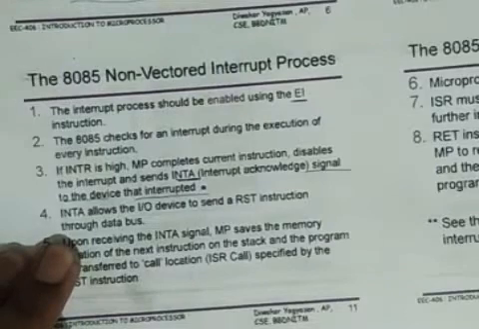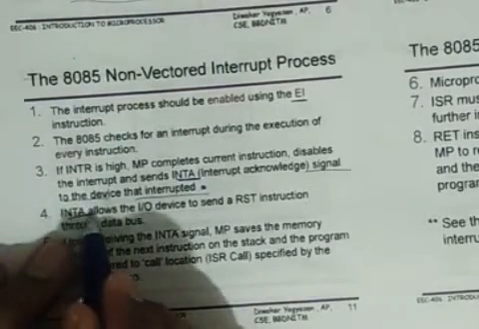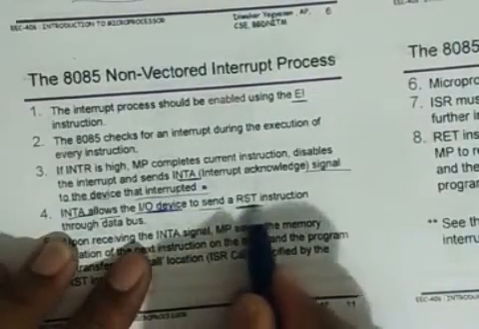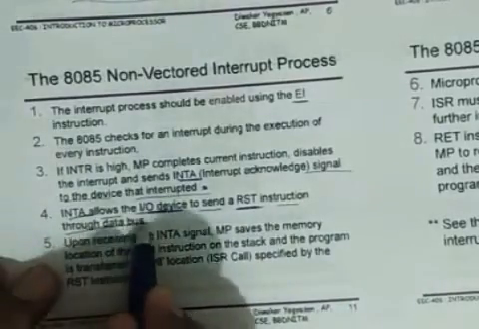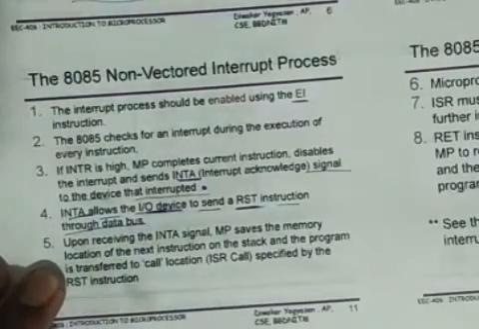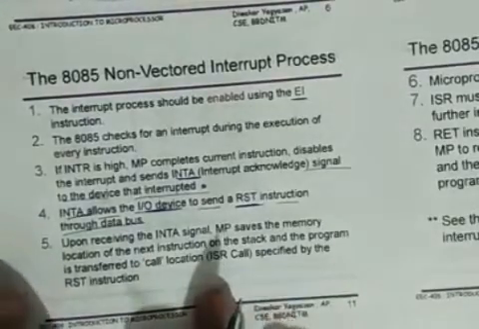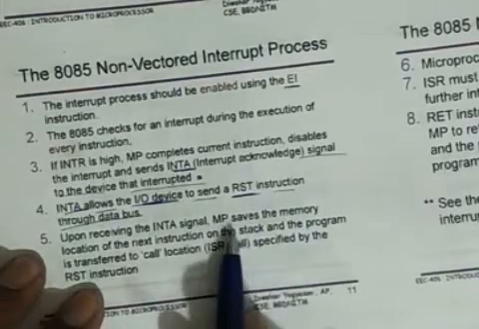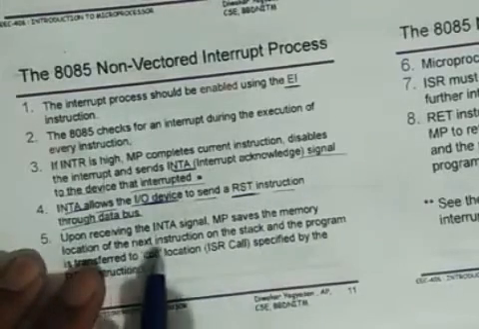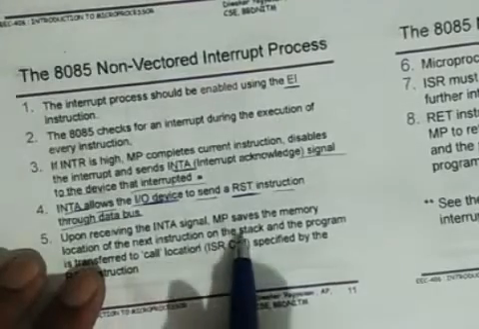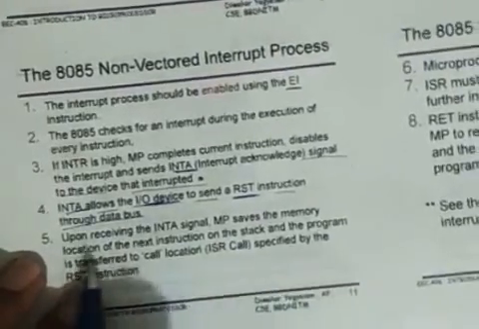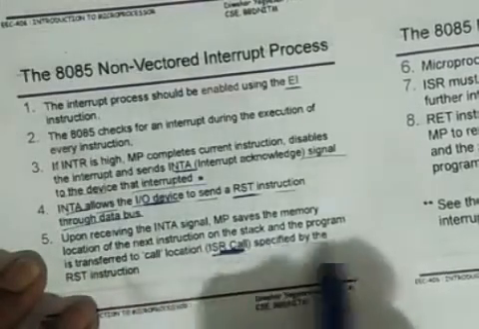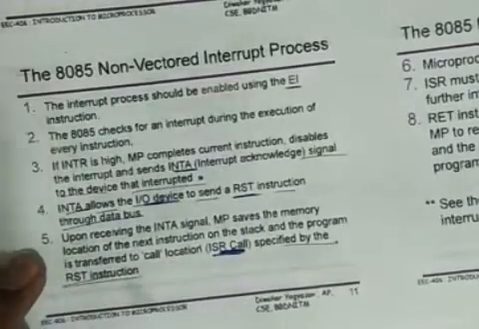This INTA allows the input output device to send an RST instruction through the data bus. Upon receiving the INTA signal, the microprocessor saves the memory location of the next instruction on the stack, and the program is transferred to the interrupt service routine specified by that particular RST instruction.